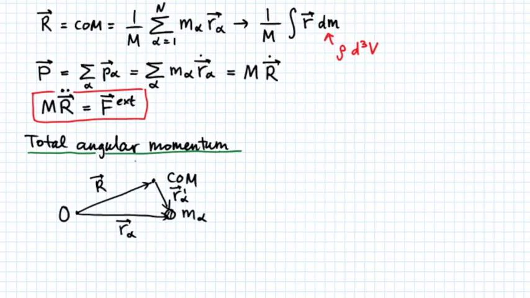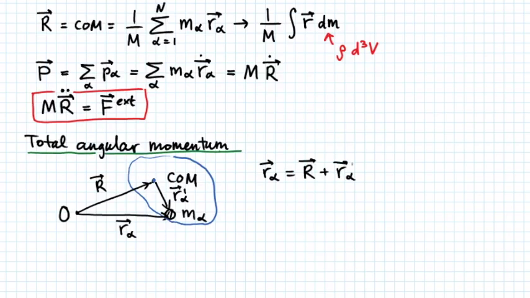Now the body itself is something like this, with its center of mass given by this point here. So the relationship between the position of the chunk alpha is given by the center of mass R plus the relative position r alpha prime.